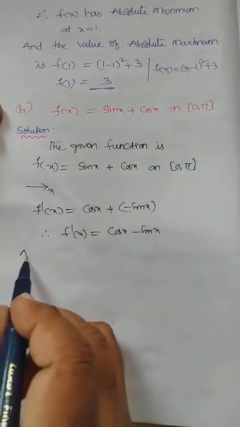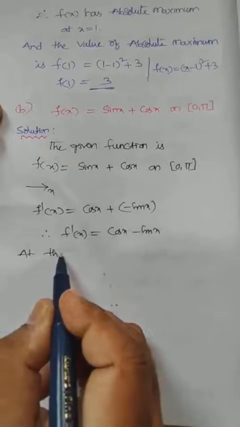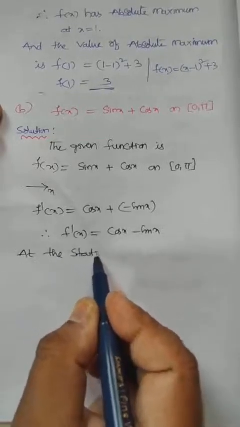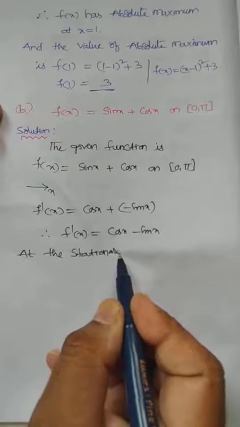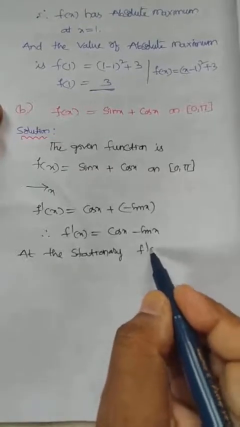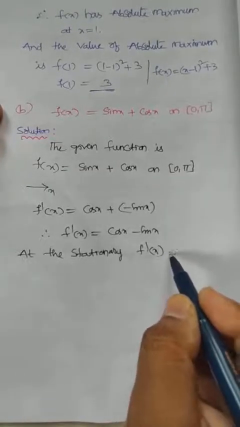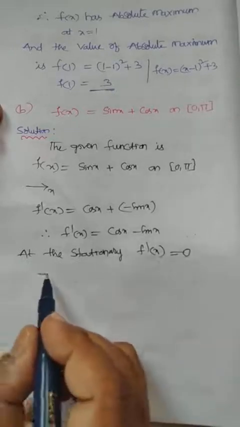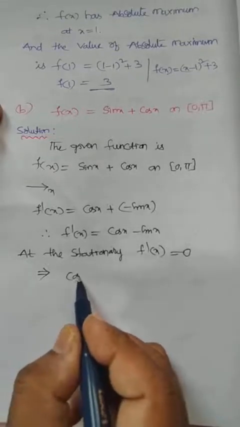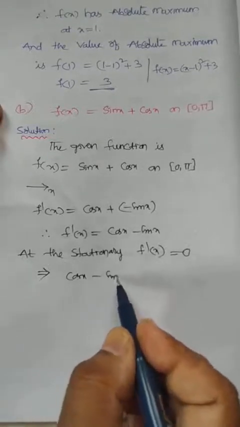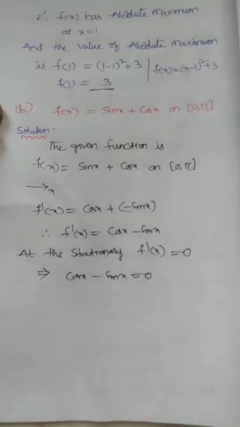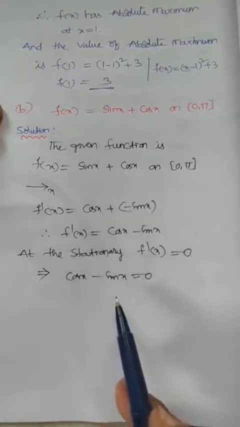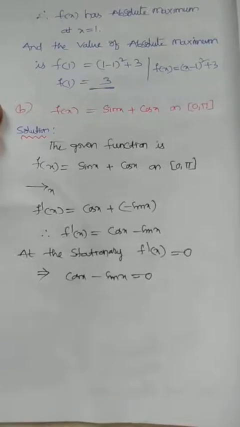At the stationary points, f dash of x must equal 0. It implies cos x minus sin x is equal to 0. By solving this equation we could get the stationary points.